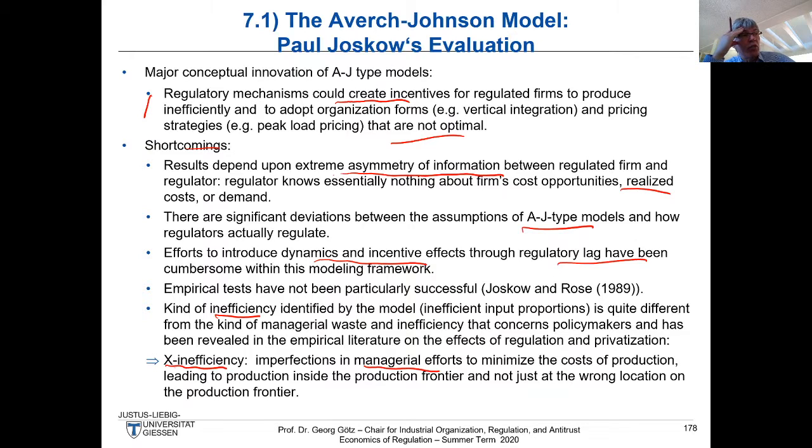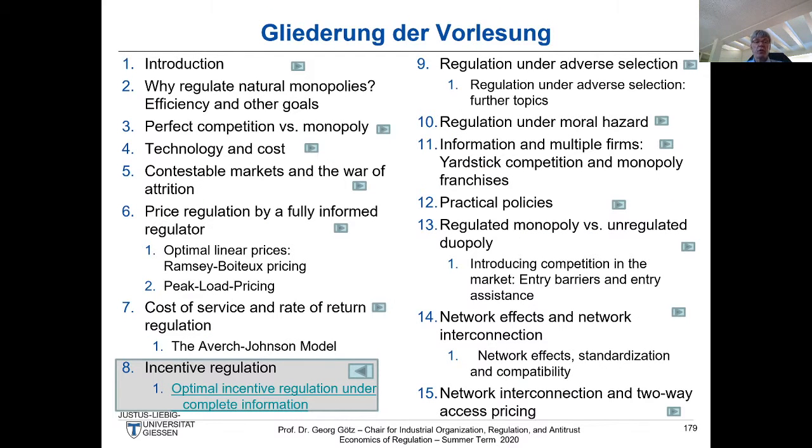What they show is that once regulation in the healthcare sector changed, so that you were not reimbursed your standard cost for labor and so on, but got, in a sense, an allowed rate of return on capital, these hospitals just invested in new health equipment, made high investments. And they found that here you get something like an Averch-Johnson effect. Okay, I think I'm done with this part right now.